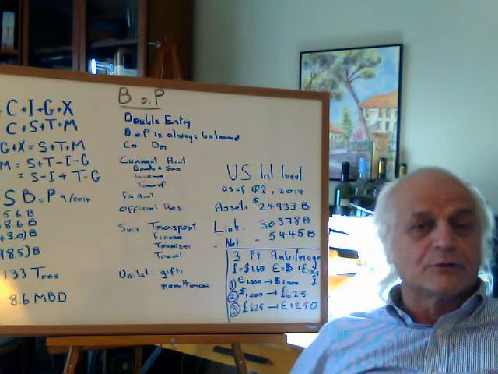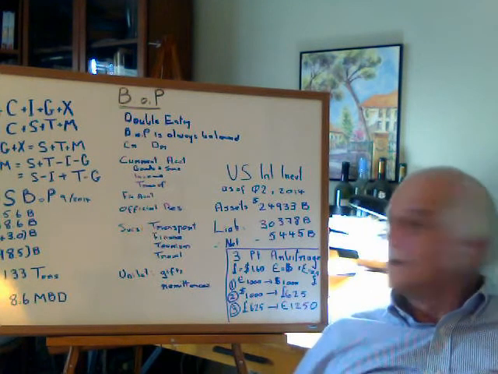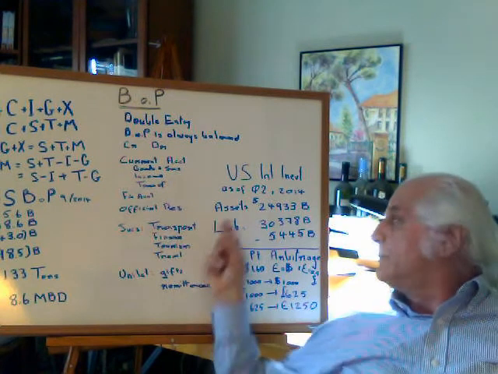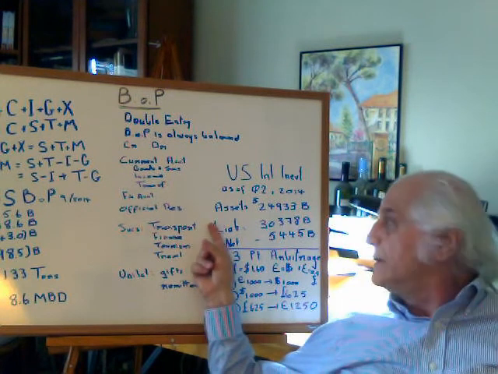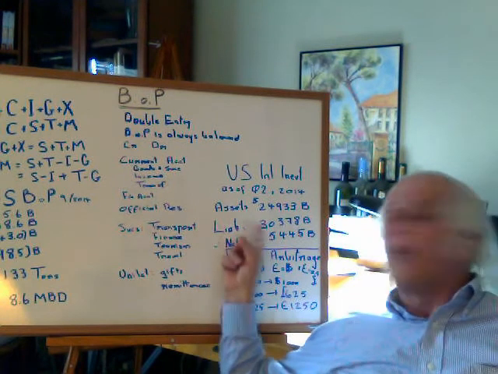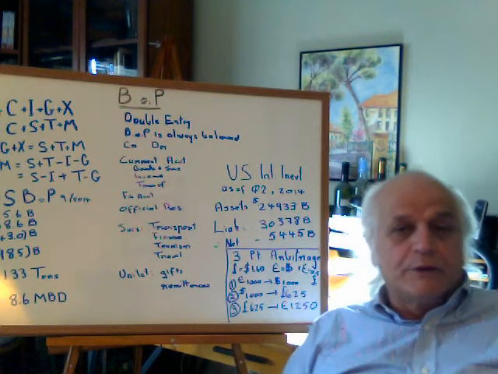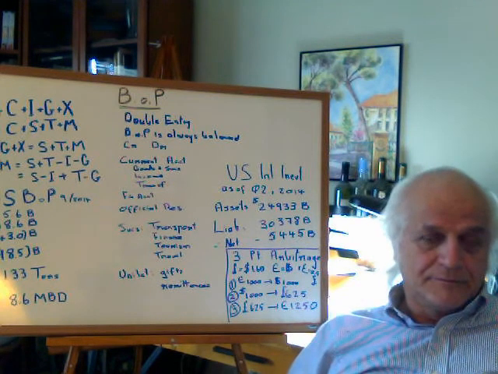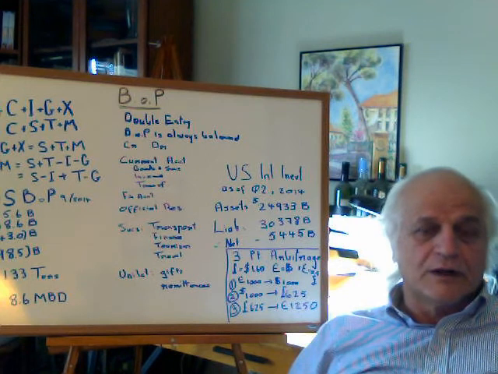Because the only way that we're going to be able to finance the deficit on our current account will be for the rest of the world to increase its ownership of our assets, which will be looked upon as being a U.S. liability. So that is more likely to grow.